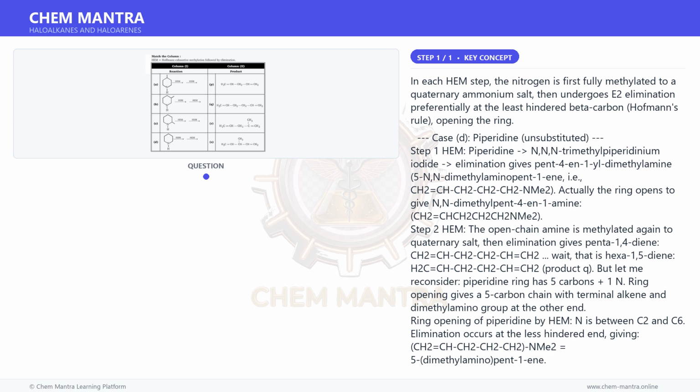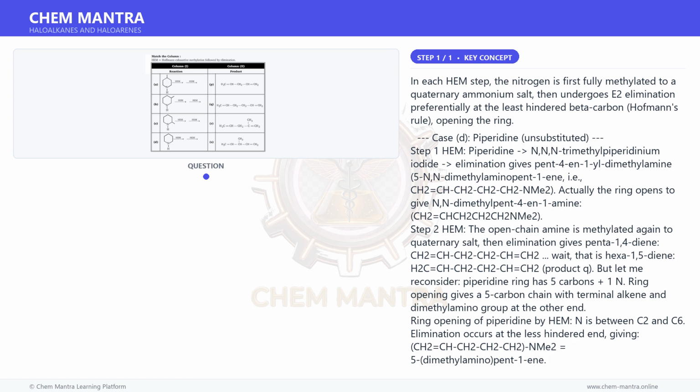No, that is 6 carbons, but piperidine only has 5 carbons in the ring. Piperidine has 5 CH2 groups plus N. After ring opening, N,N-dimethylpent-4-en-1-amine, Me2N-CH2-CH2-CH2-CH=CH2. Second Hofmann, Me3N+, then elimination gives penta-1,4-diene.